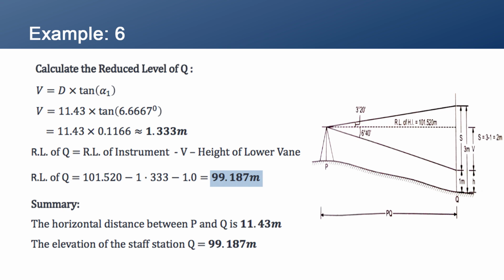So, the reduced level of Q is equal to RL of the instrument minus V minus height of the lower staff station, that is equal to 101.520 minus 1.333 minus 1, which gives the value 99.187 meter. So, the summary for this problem is the horizontal distance between P and Q is 11.43 meter and the elevation of the staff station Q is 99.187 meter.